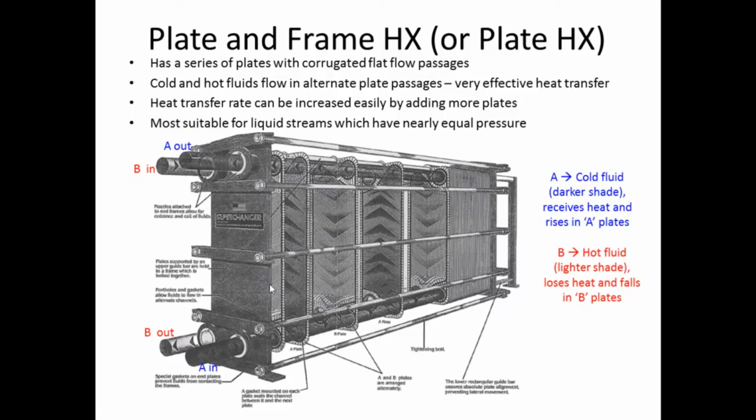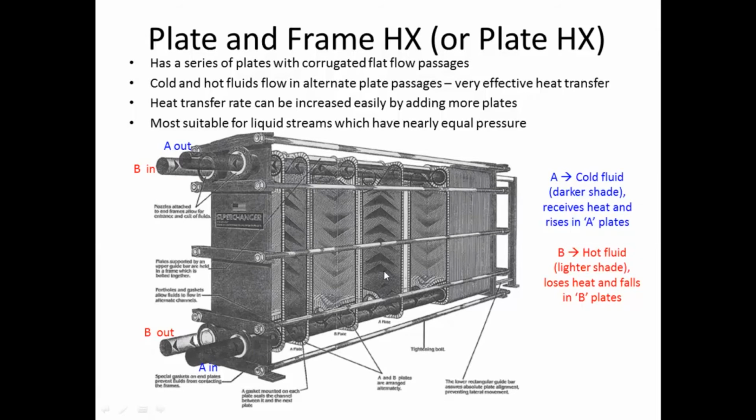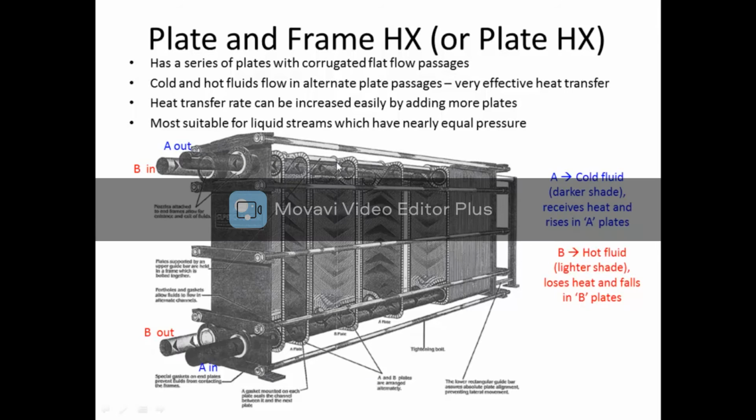We can see that in this particular case the fluid represented as A is the cold fluid. It comes in here at the bottom, travels through these plates, rises to the top and goes out on the top. The B fluid is the hot fluid which enters at the top.